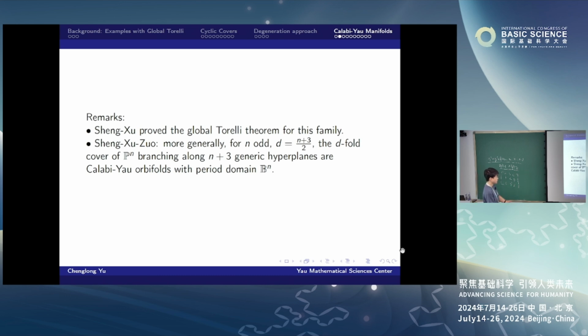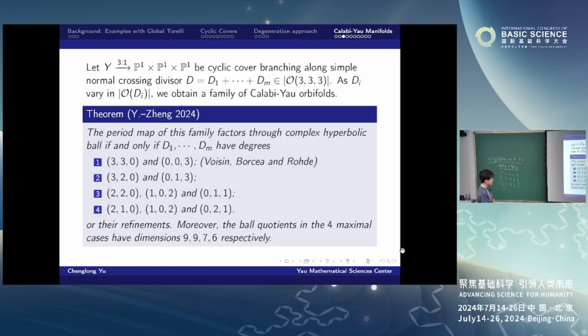These are cyclic coverings of Pn branched along n+3 generic hyperplanes, and they are all Calabi-Yau orbifolds with a period domain of dimension n, but in most cases, the monodromy group will not act discretely on Bn, so it's a non-discrete subgroup in this case.